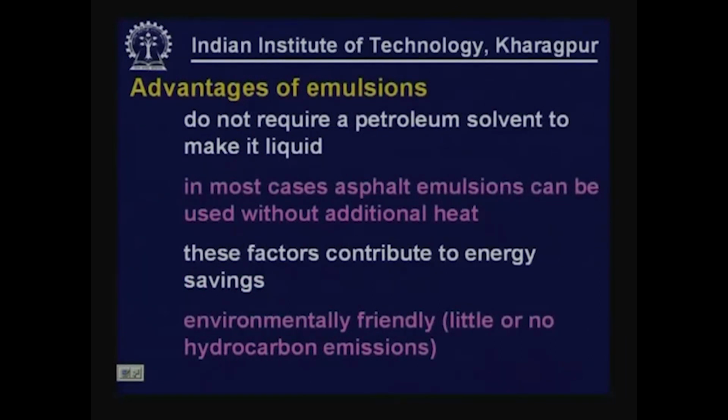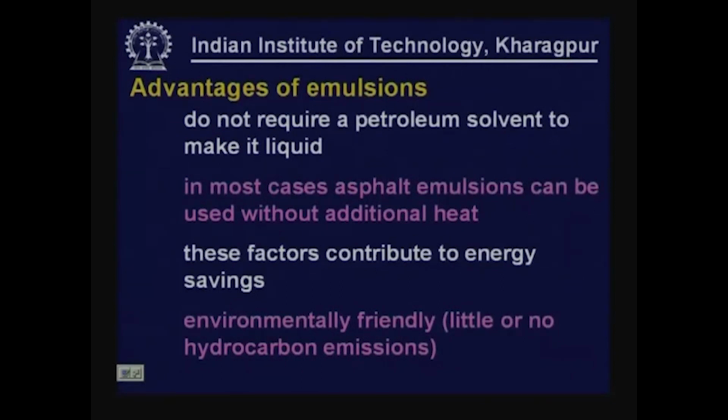The main advantages of emulsions are they do not require a petroleum solvent to make it liquid. This is in comparison to cutbacks. In most cases, asphalt emulsions can be used without additional heat.